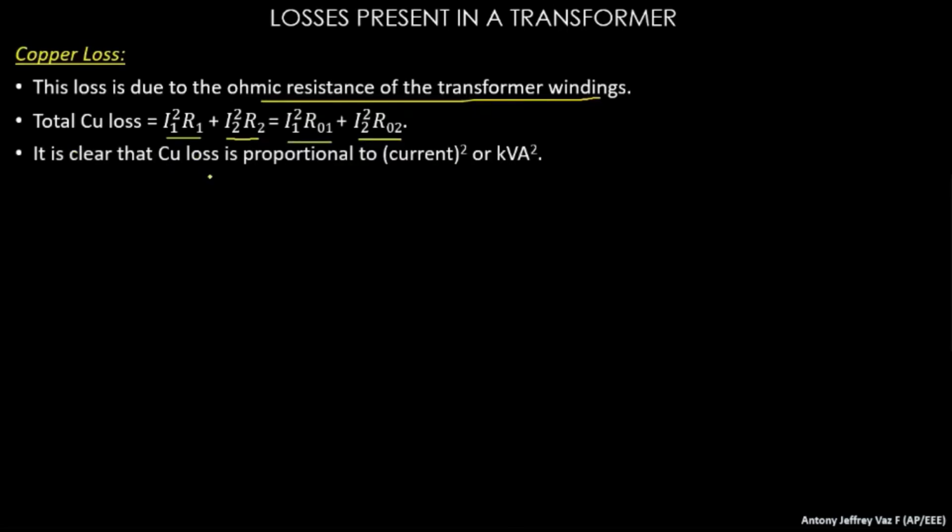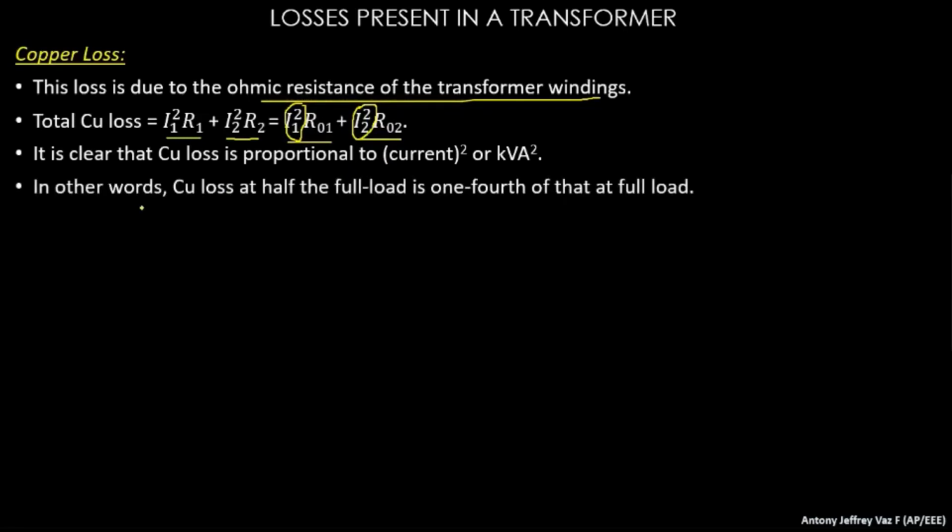It is clear that copper loss is proportional to current squared or kVA squared, because the current in the primary winding and in the secondary winding is squared. So the loss depends on the amount of current flowing in the transformer. In other words, copper loss at half the full load is one quarter of that at full load.